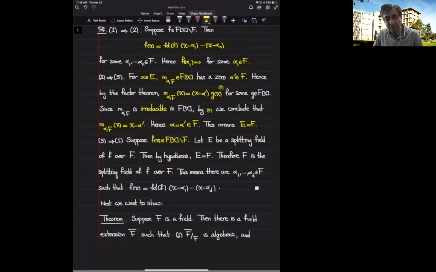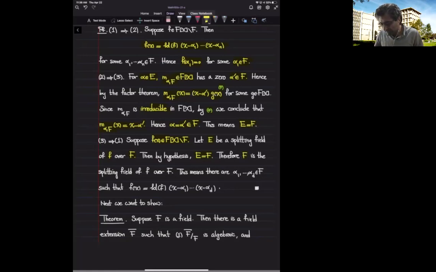I'm going to consider a splitting field of this polynomial over the field capital F. That splitting field gives me an algebraic extension of the field capital F. But by our hypothesis, there is no non-trivial algebraic extension. So E is F, which means the polynomial small f splits over capital F.